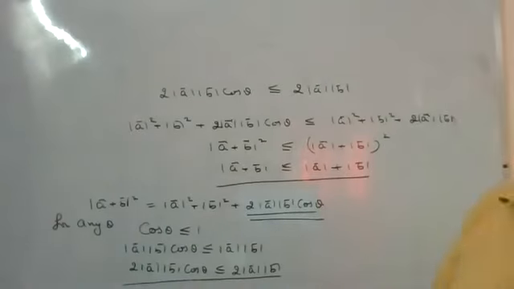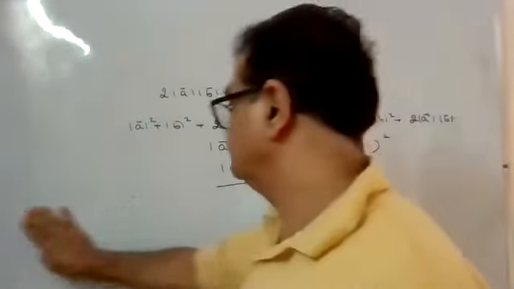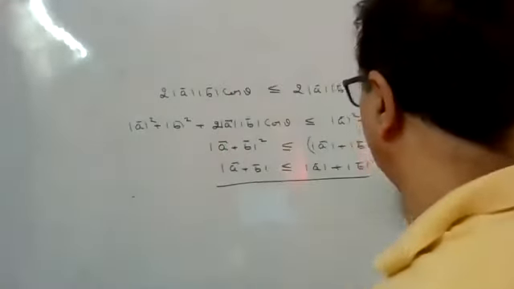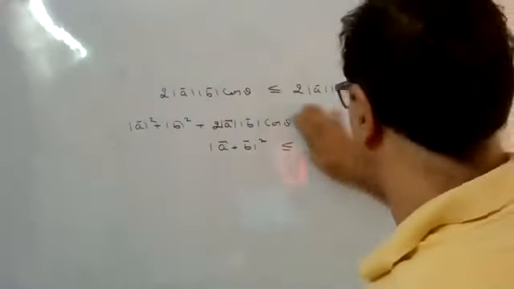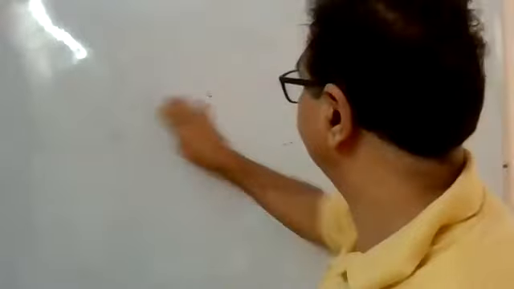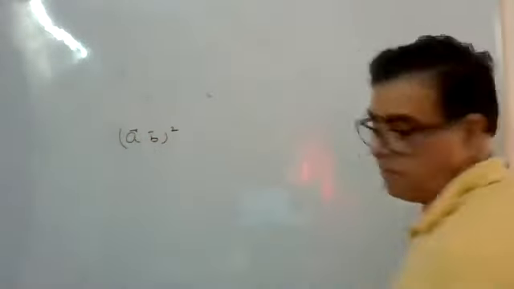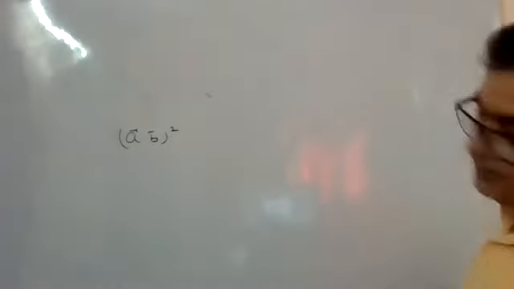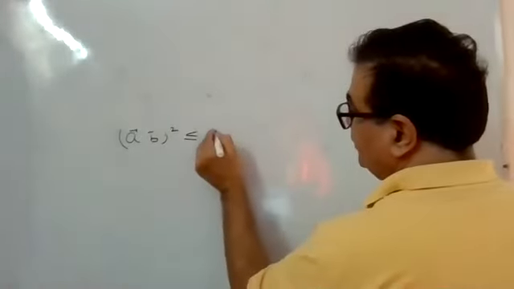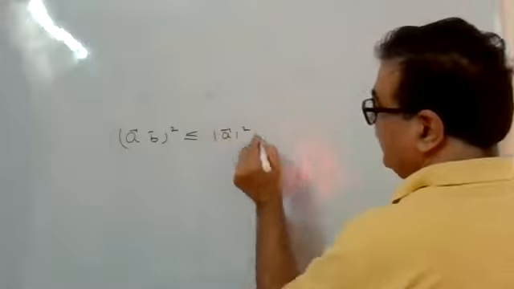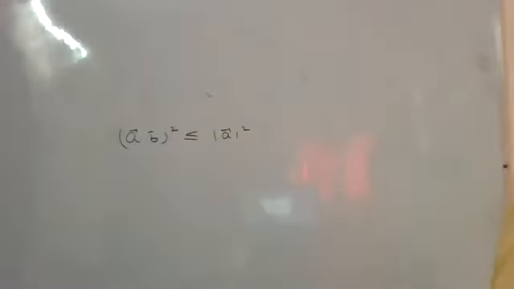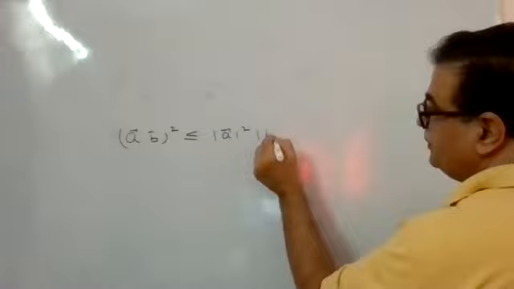Now write down next. For any two vectors A and B, prove that (A dot B) whole square is always less than or equal to magnitude A square, magnitude B square.